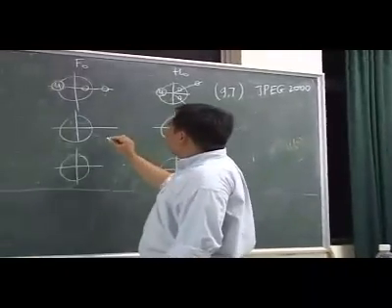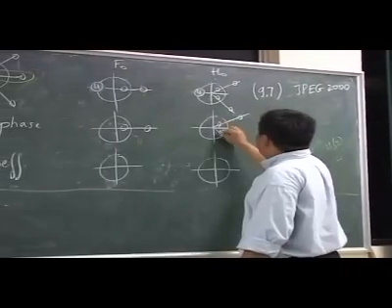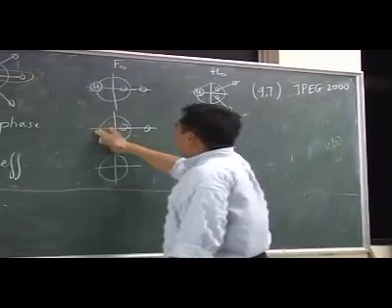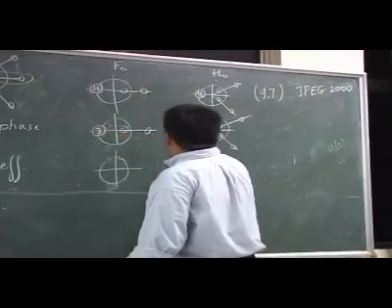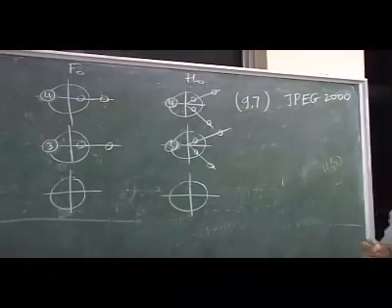Another choice is I can have 2 here, the other set there. I can have 3 and 5, right? And so on.